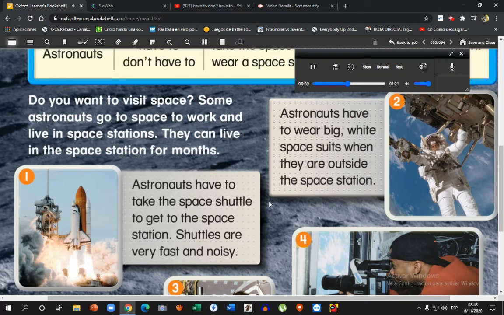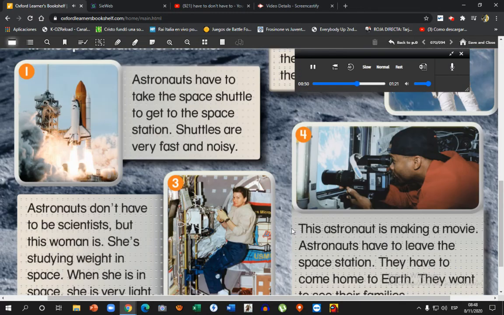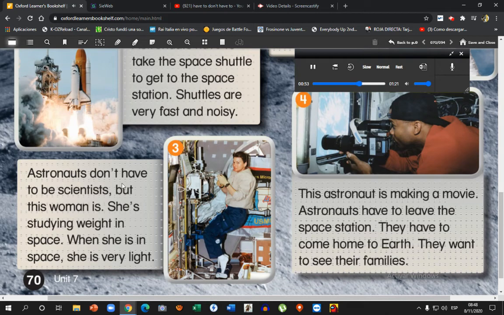Shuttles are very fast and noisy. 2, Astronauts have to wear big white spacesuits when they are outside the space station. 3, Astronauts don't have to be scientists, but this woman is. She's studying weight in space. When she is in space, she is very light. 4, This astronaut is making a movie. Astronauts have to leave the space station. They have to come home to Earth. They want to see their families.